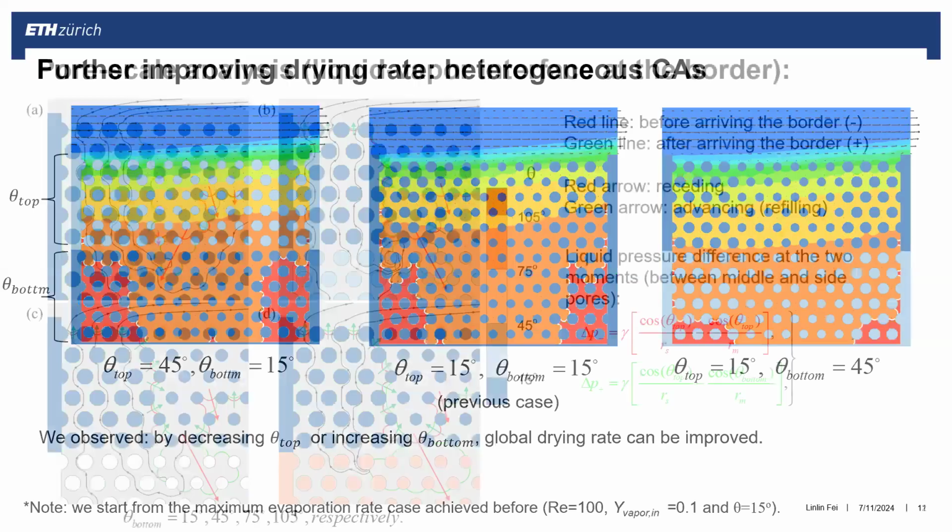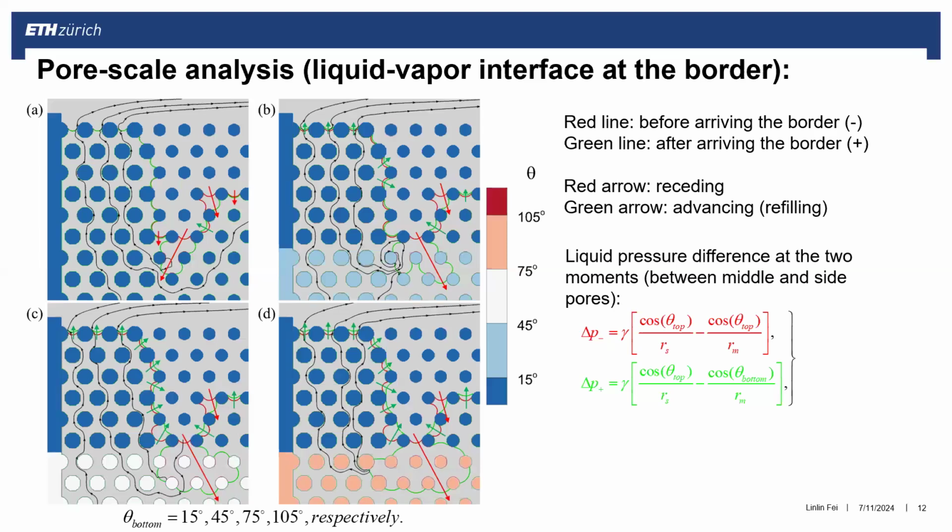So why? This is explained based on pore-scale analysis. Let's look at 2 moments. Moment 1 is just before the liquid-gas interface arrives at the border, the red curve. And another moment is the liquid-gas interface just after arriving at the border.